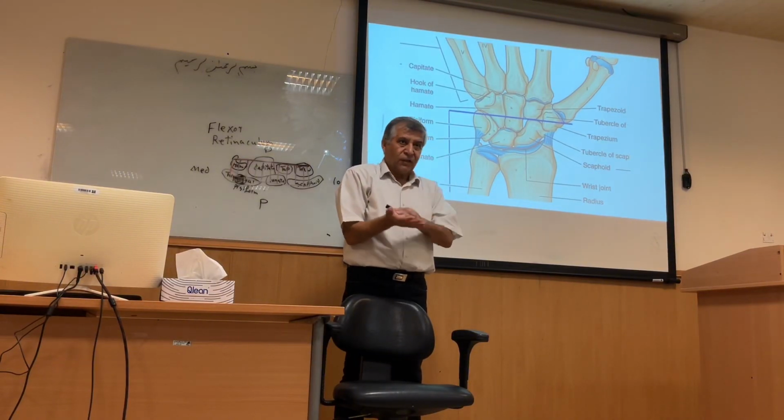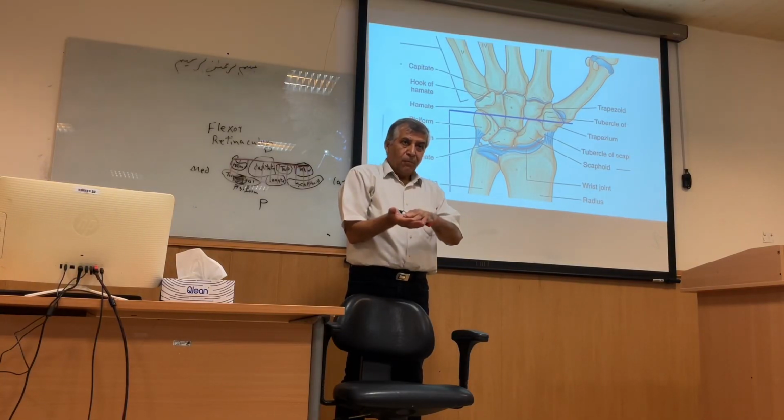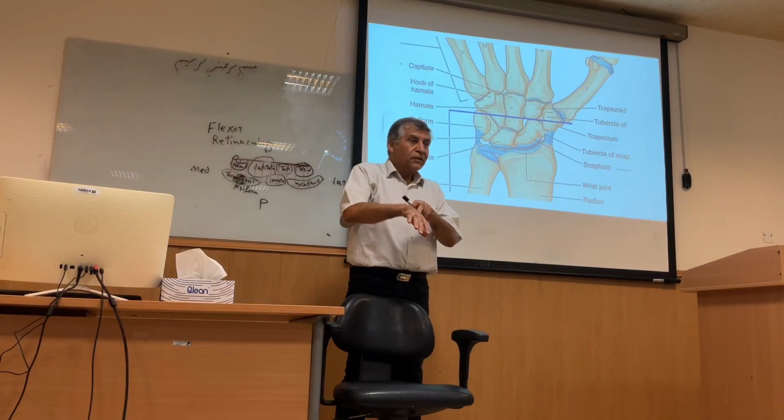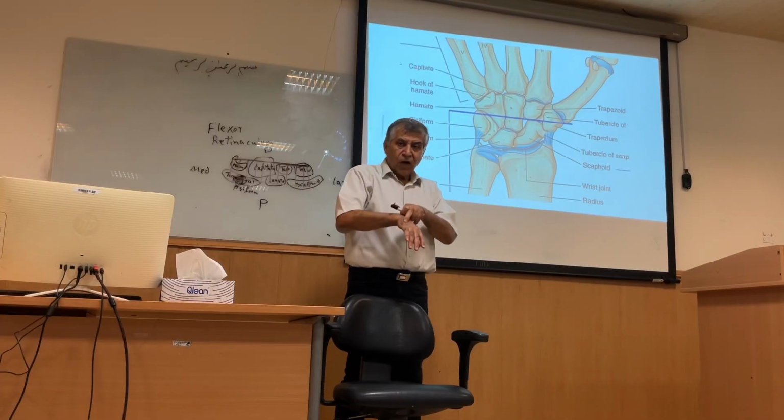For this reason, the anterior surface of them is concave. But the posterior surface is convex. For this reason, I can touch the posterior surface of metacarpal bones. Okay?